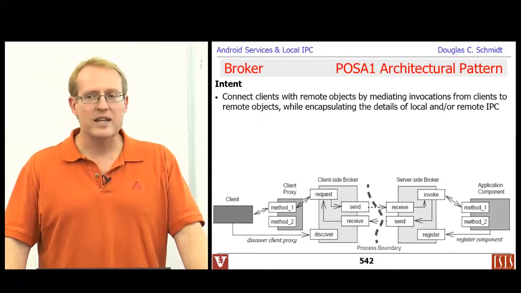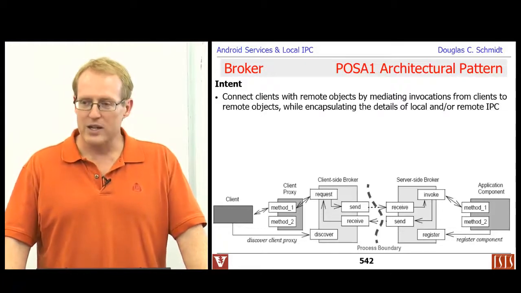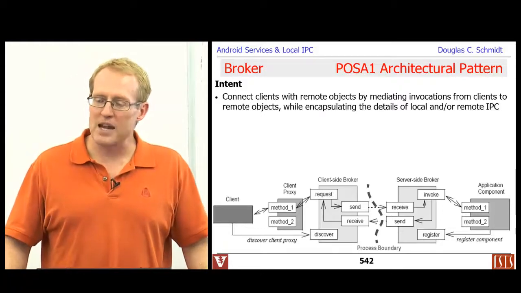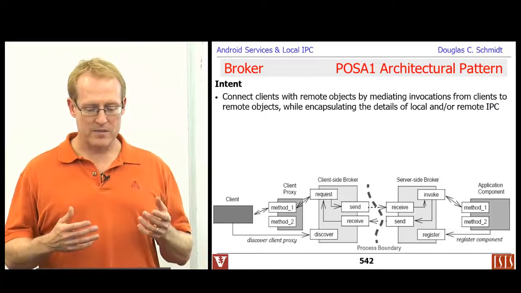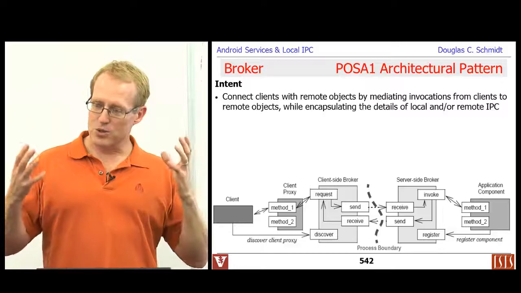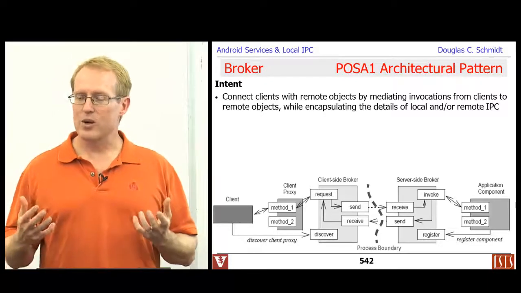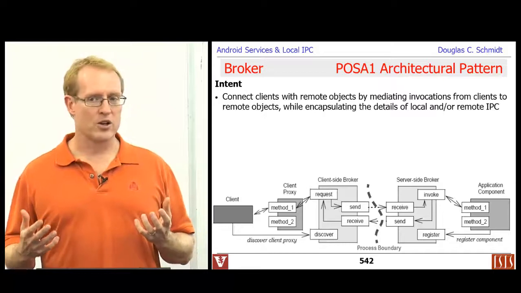So the intent of the broker pattern is to try to connect clients with remote objects in a way that allows the broker to mediate the interactions with the clients to the remote objects without requiring the client or server developer, application developers or service developers, to have to know anything about how this works underneath the hood.